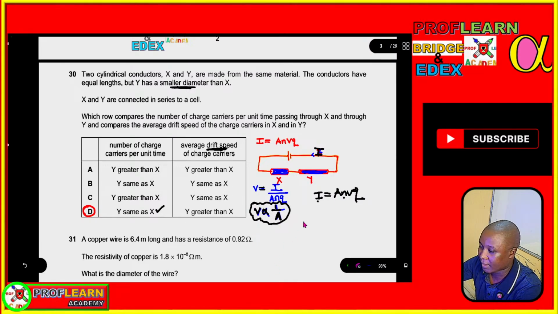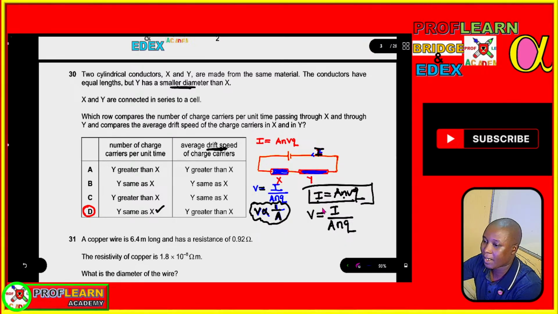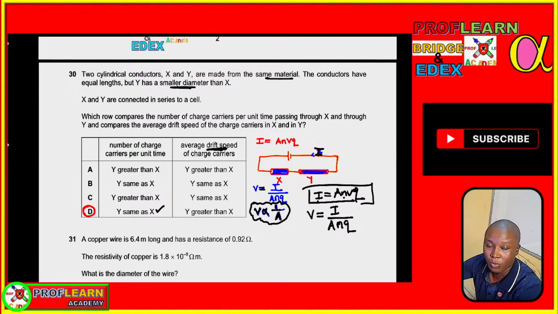The reason I say that is because when you have this equation this way, you can make v the subject of the formula. So v is equal to current over nAq. But since they are made of the same material, the charge density per unit volume n is going to be constant, q is going to be constant, and since they are connected in series, the current that is passing through is the same.